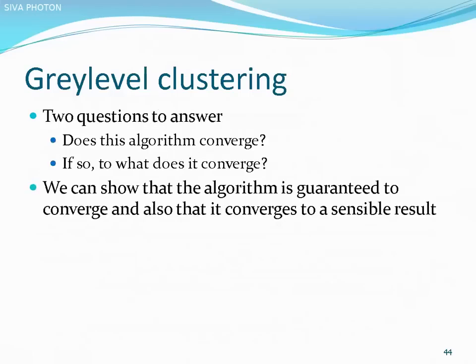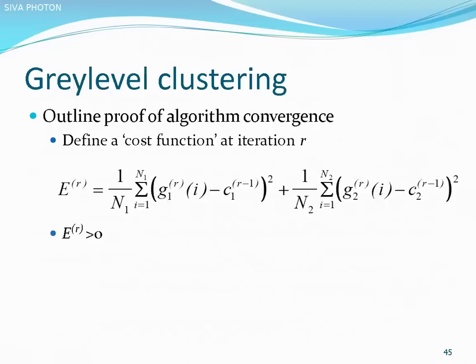And the problems we get: two questions may arise here. Whether this algorithm converges, and if it converges, what exactly does it converge to? Here we can prove that the algorithm is guaranteed to converge and it provides a good sensible result.